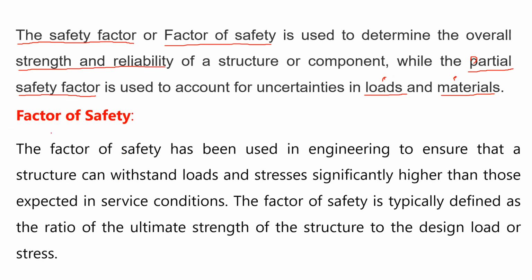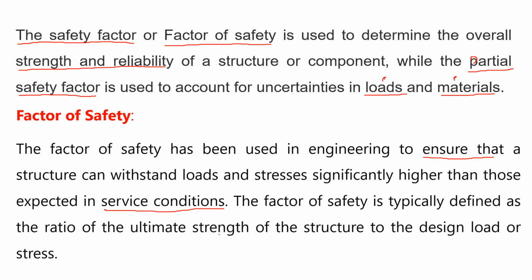What is factor of safety? The factor of safety has been used in engineering to ensure that the structure can withstand loads and stresses significantly higher than those expected in service condition. At any time in service condition, your stresses should be less than the strength.